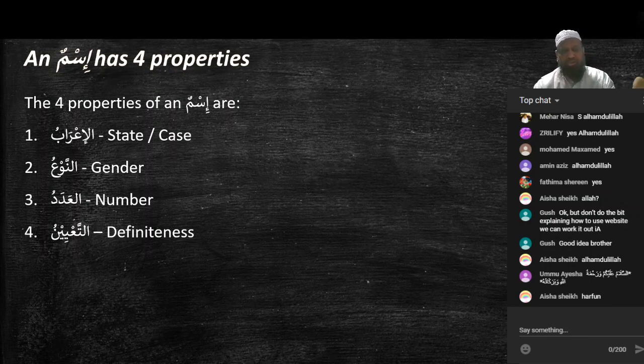So when we see a kalima, an ism especially, we need to see whether we find all these 4 in that ism. Every ism must have all these 4 once we see that ism in the sentence. When we see an individual word, we don't need to look for this.